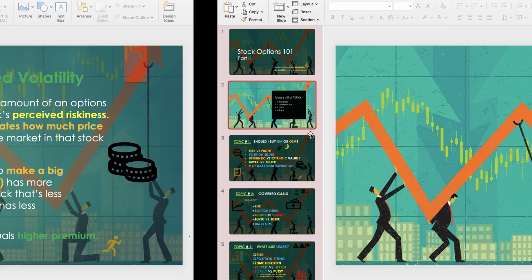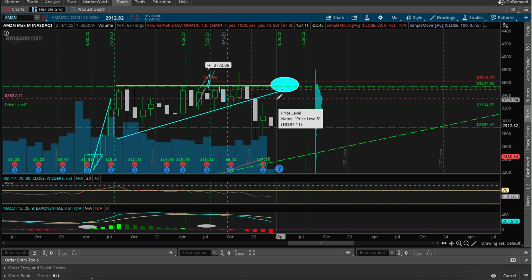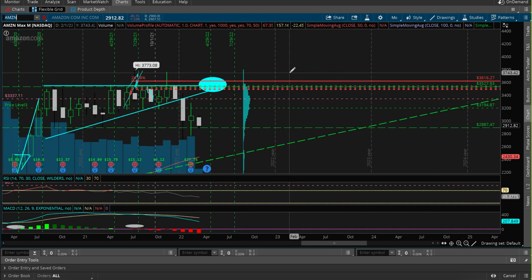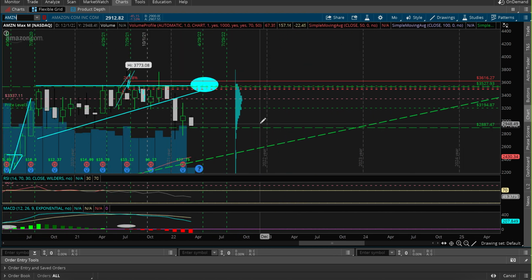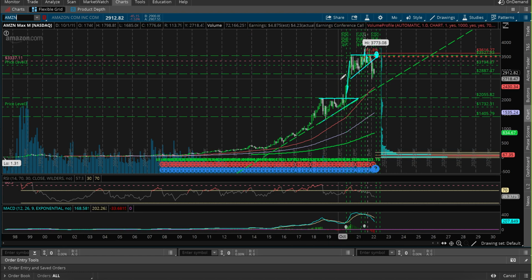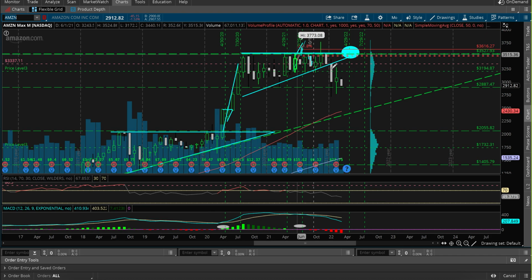So, put spreads. I think that's where we left off. All right, so we're back at Amazon. This is just going to be brief because a lot of the same principles apply. But let's say Amazon is expected to drop a little further, and we expect that it may find support somewhere along a trend line like this.